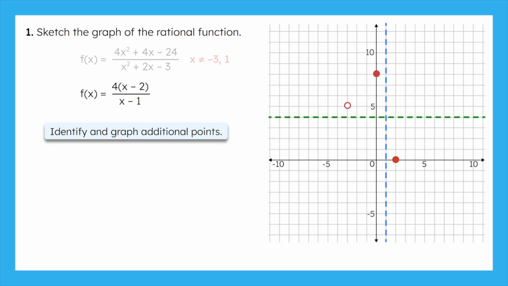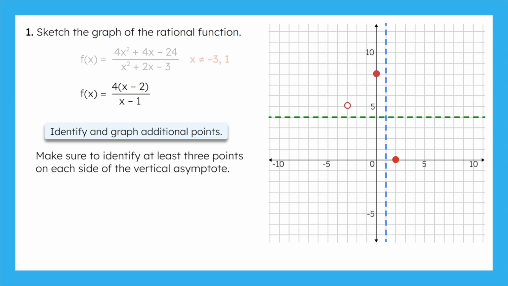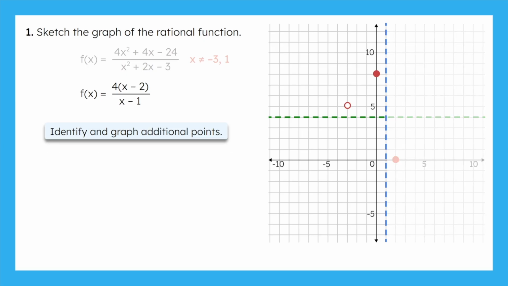Since the vertical asymptote splits the graph into 2 parts, we'll make sure to identify at least 3 points on each side. Starting with the left-hand side, the y-intercept is above the hole. Is the graph increasing or decreasing as it approaches the vertical asymptote? Right, it's increasing.